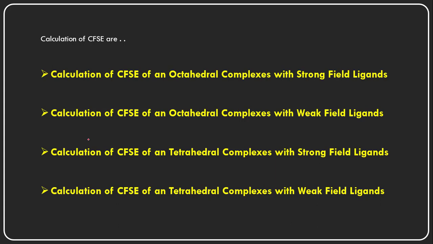So here, what kind of complex are we taking, and what is the strength of the ligand? For octahedral complexes there are two types of ligands, strong field ligands and weak field ligands. So for octahedral complexes, what happens in the presence of a strong field ligand, and what happens in the presence of a weak field ligand? How will they affect the number of electrons?